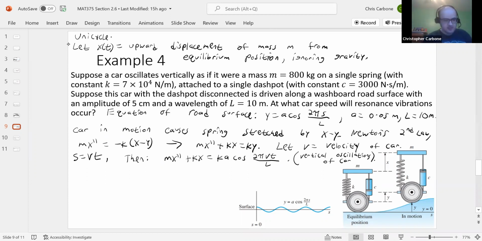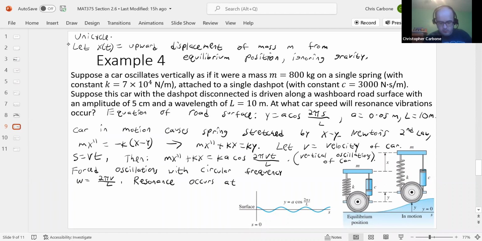So the forced oscillations occur with circular frequency omega being 2 pi v over L. The resonance occurs at omega being omega sub 0, the square root of k over m.